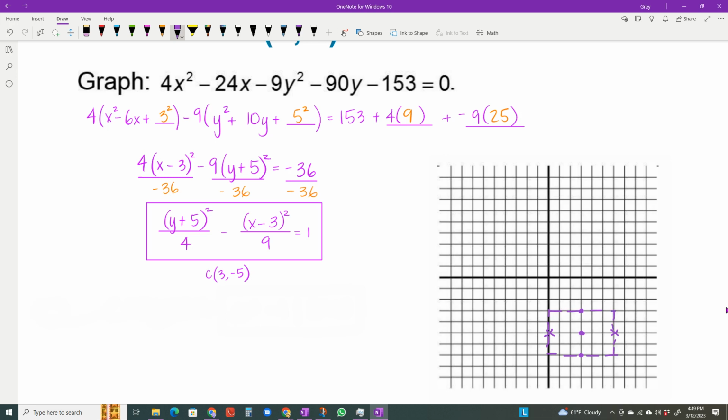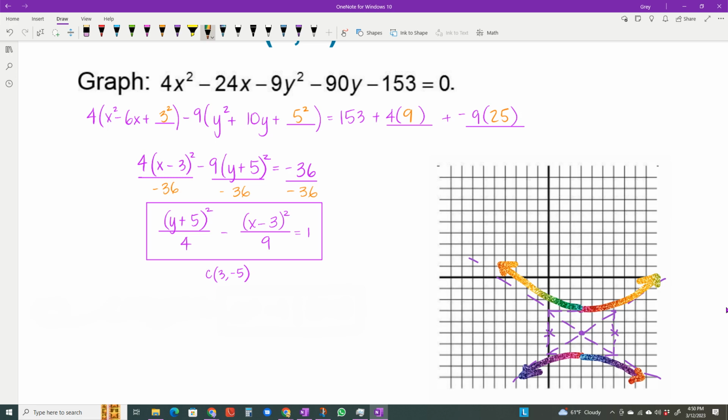And then I'm going to draw the diagonals through the box. And I'm going to go to my vertices, which are the ones that I had the point, and go towards my asymptotes. I'm not crossing your asymptotes. Easier to do with pencil and paper.